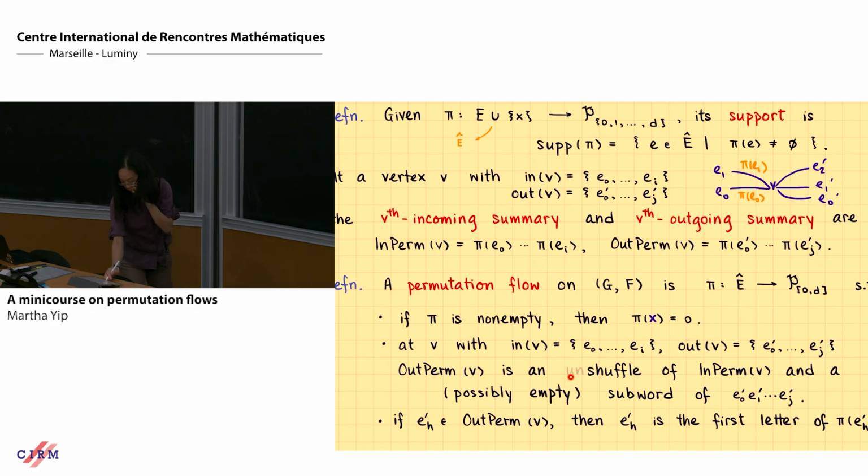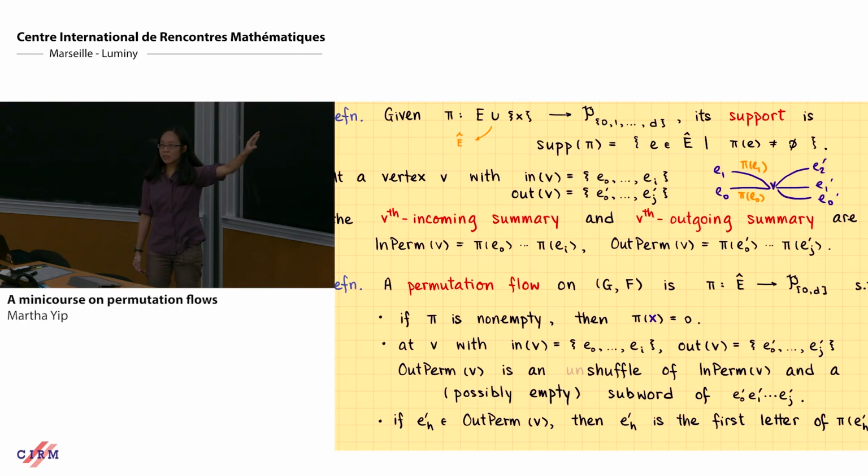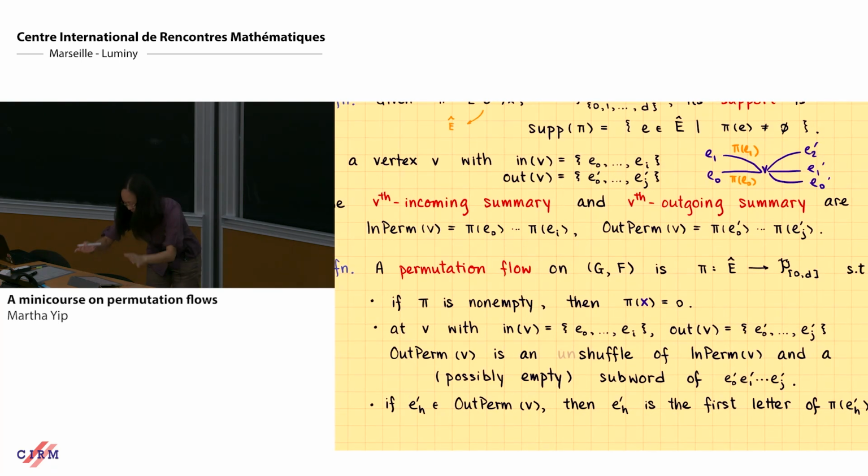You might be wondering why that's gray, and that's because some of my co-authors would prefer to call this an unshuffle. He says, in algebra, this is called an unshuffle, even though combinatorics call it a shuffle. So I told him, yes, I'll call it an unshuffle, but this is how I'm gonna do it. Depending on your taste, it's an unshuffle or shuffle, but it's exactly what you do with cards.